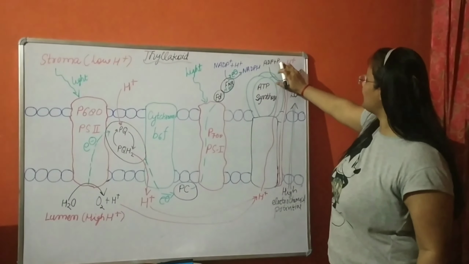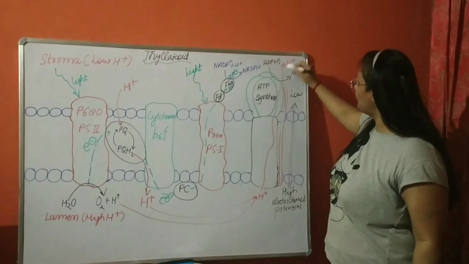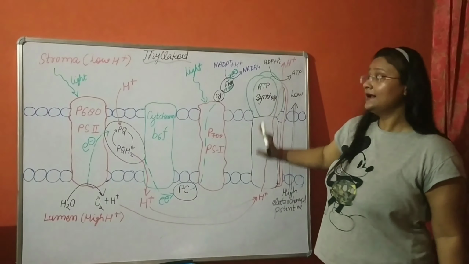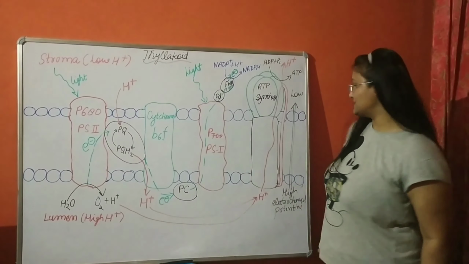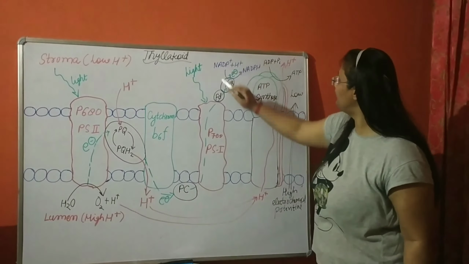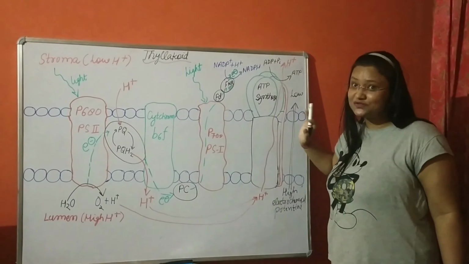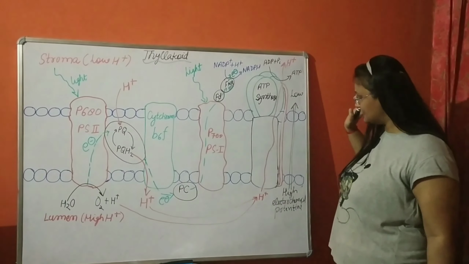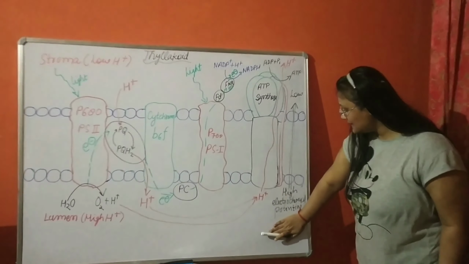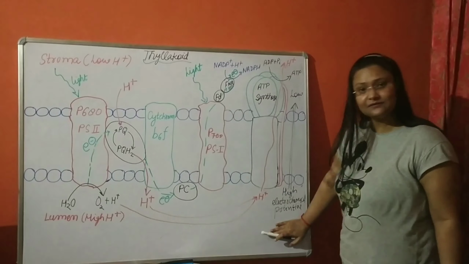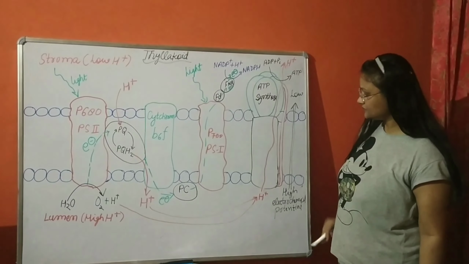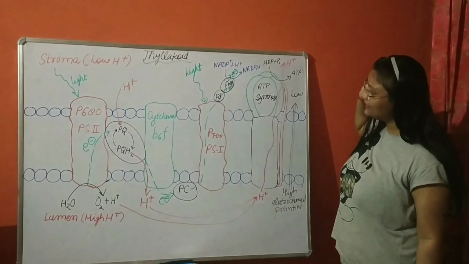So ADP plus inorganic phosphate will ultimately form ATP. That's what we need. Now this was the light reaction. Now this NADPH which has been formed and ATP which has been formed here in light reaction will be used in the dark reaction, which we will discuss later on. So here high electrochemical potential is present, here low. So automatically it will move like this.